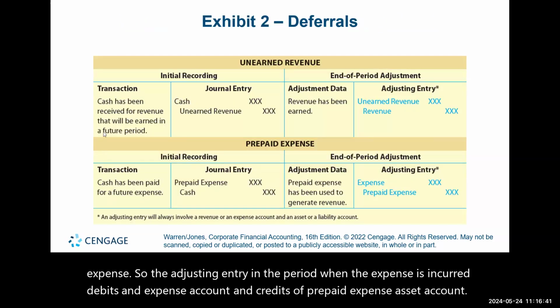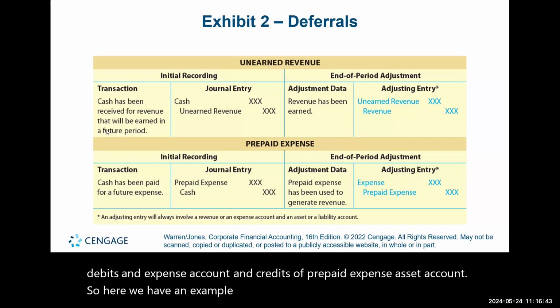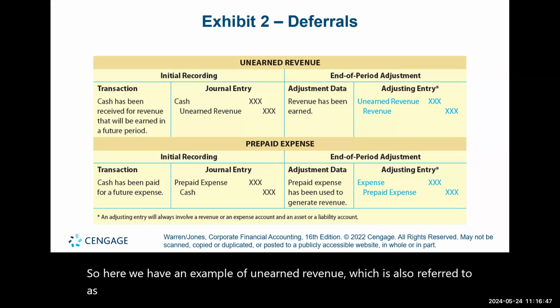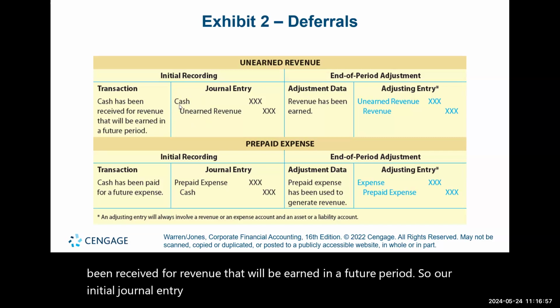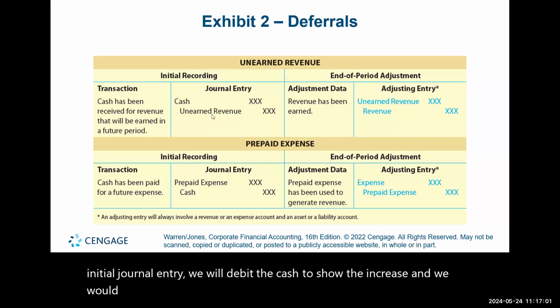So here we have an example of unearned revenue, which is also referred to as deferred revenue. So the initial recording: cash has been received for revenue that will be earned in a future period. So our initial journal entry, we will debit the cash to show the increase, and we would credit our unearned revenue liability account to show a liability.